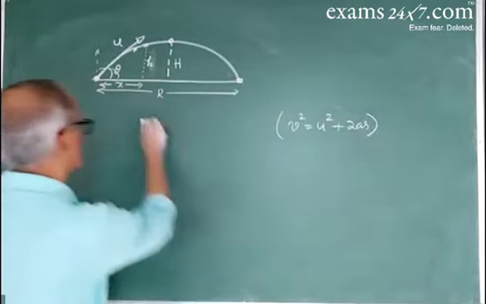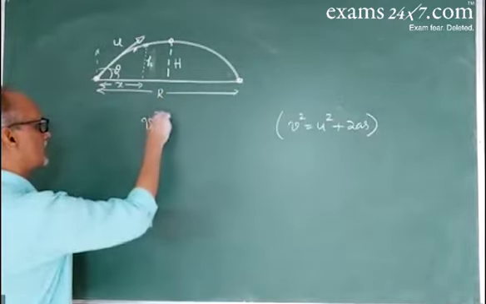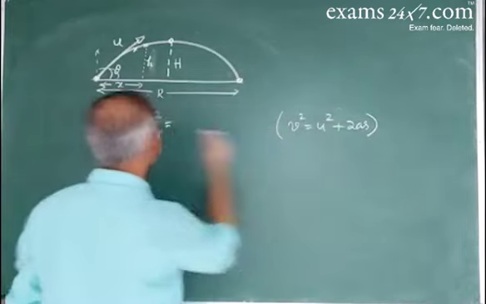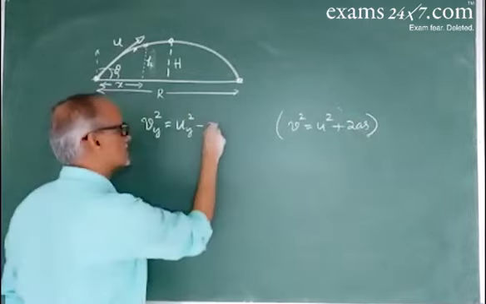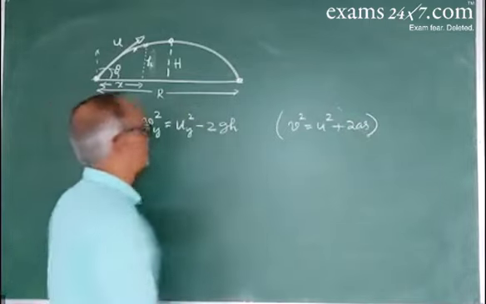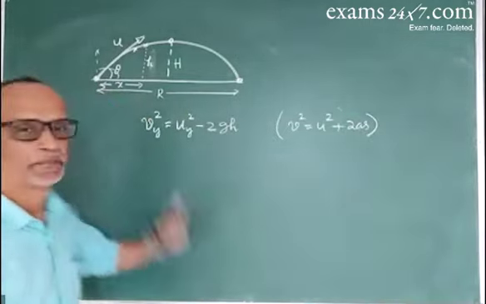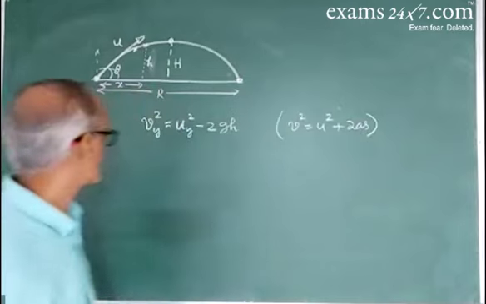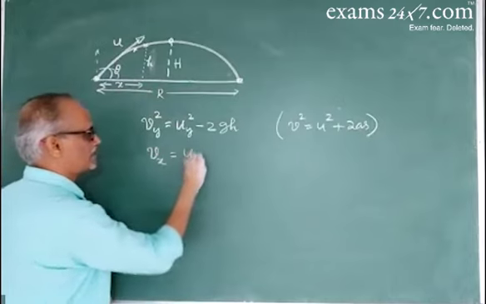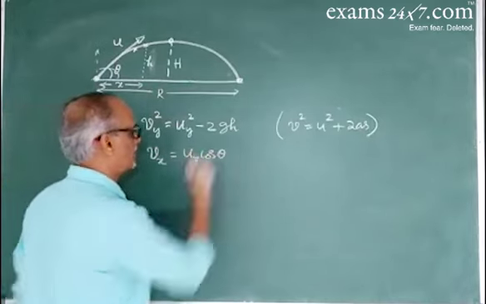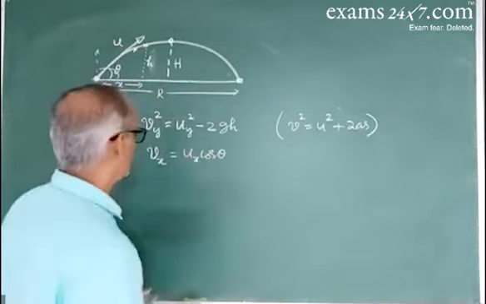So first let's find the velocity along the vertical: vy square is equal to uy square minus 2gh. Using this, we can find the vertical velocity. What is the horizontal velocity? Vx is ux, that is u cos theta, at each and every point. And now we can find the resultant.